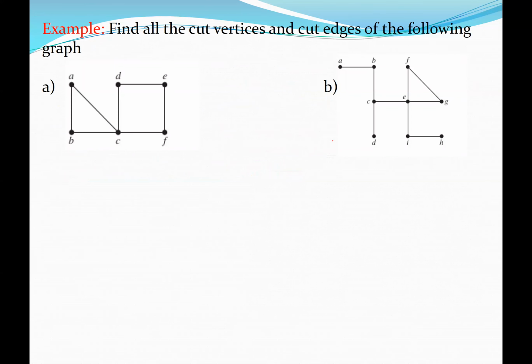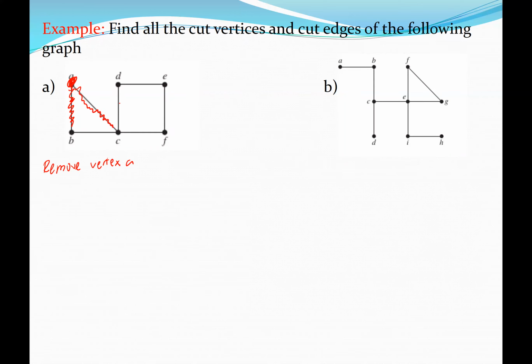So here are two examples. Let's find all the cut vertices and cut edges if possible. Take a look at graph A. Let's say I remove vertex A. If I take A away, then I need to take away all the edges incident with it.